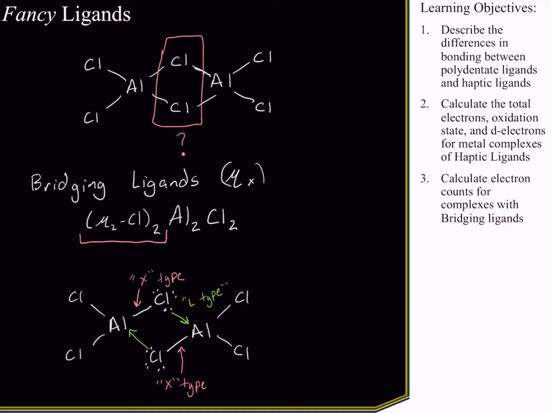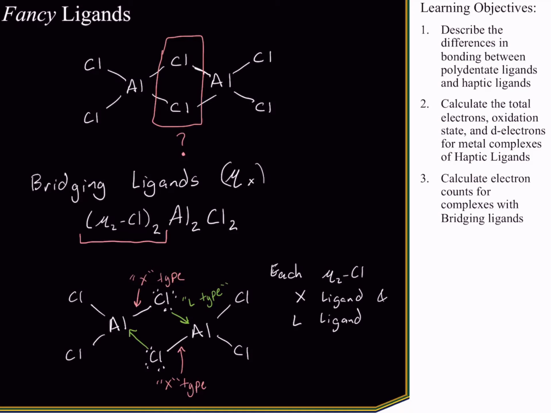We have a 1 electron donor and a 2 electron donor here. So by drawing out this picture, we could say that each bridging chlorine is kind of like an X ligand and an L ligand.